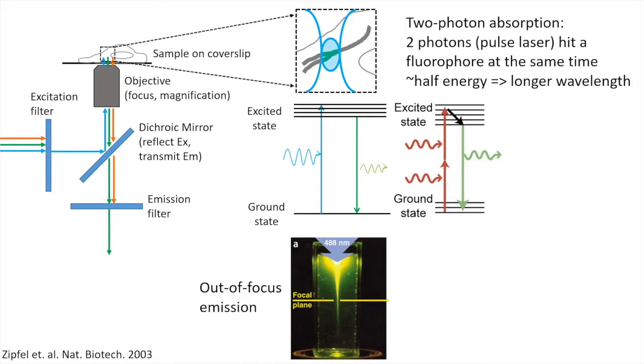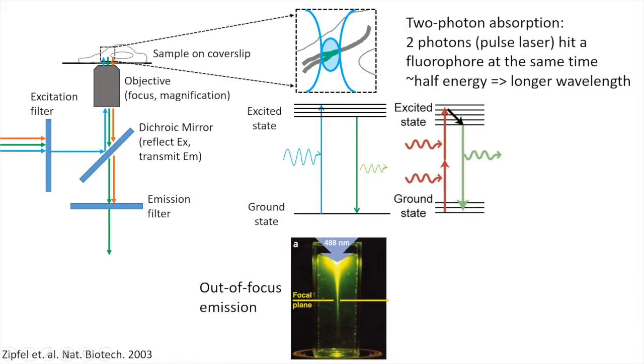Two photon means you have two photons encountering the fluorophore at the same time, within the quantum event. That means your two photons need to be very quick to interact with the fluorophore at the same time. So each photon can have half of the energy of this transition, and the wavelength can be twice the wavelength. So it's a longer wavelength excitation.